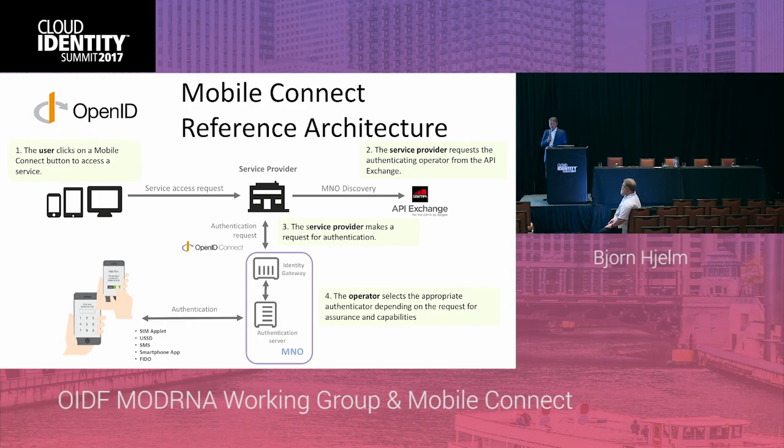Hi, I'm from Microsoft, I work on Azure AD. We've been partnering on Telefonica and Mobile Connect. The piece that I'm curious about is why did you choose to go with this architecture as opposed to just having a gateway that combines the discovery and proxying to the appropriate MNO?